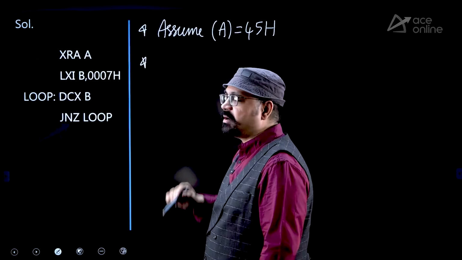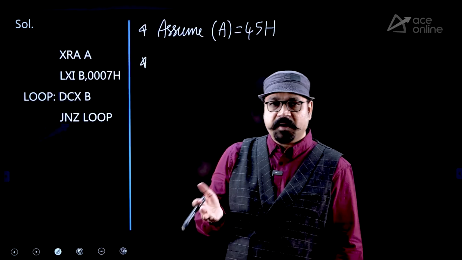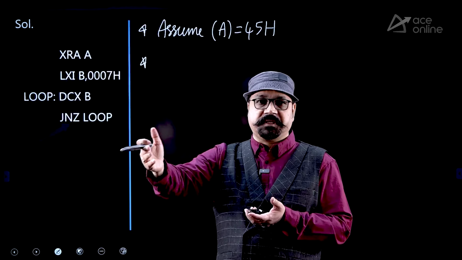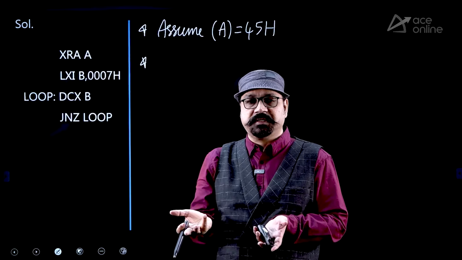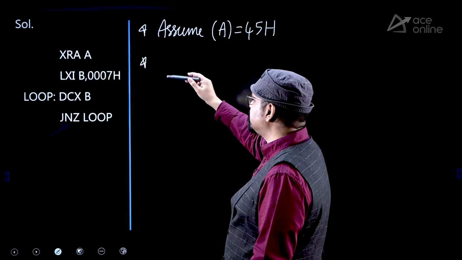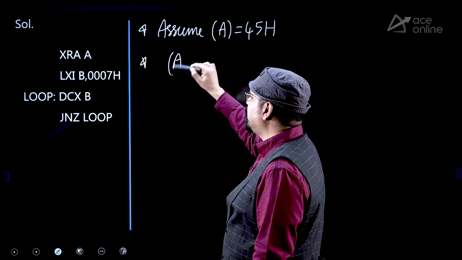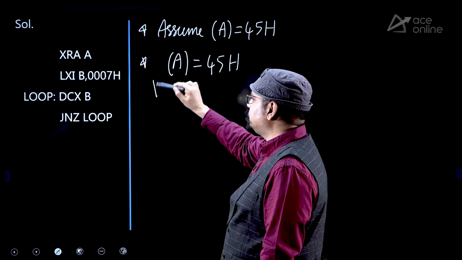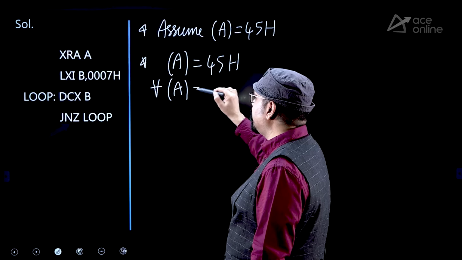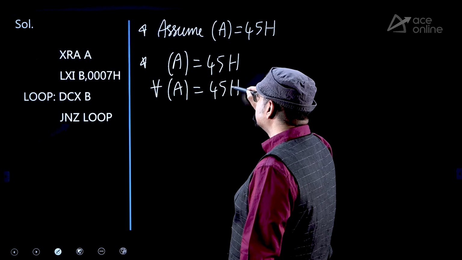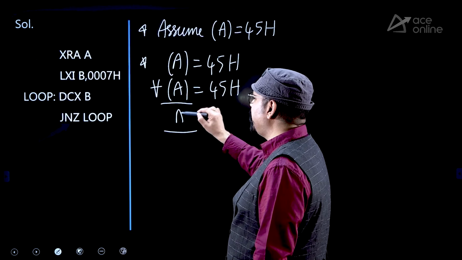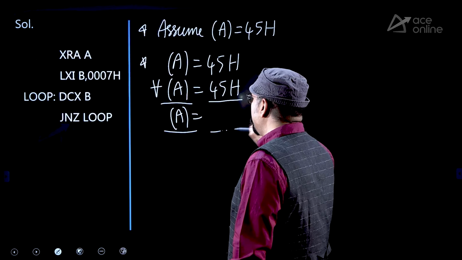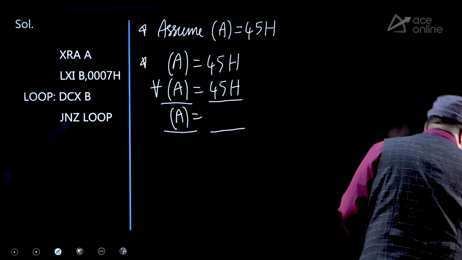Can you XOR the accumulator with the accumulator? Normally we XOR the accumulator with the B register or the C register, but you can also XOR the accumulator with itself. Accumulator content, 45 hexa, is exclusively ORed with the same accumulator 45 hexa. The result is stored back into the accumulator. 1 minute. Please do this.